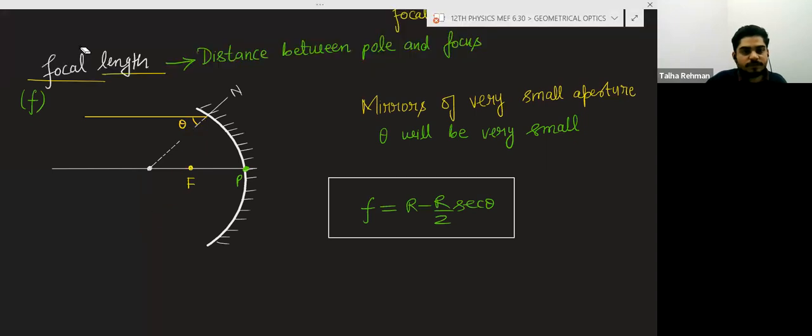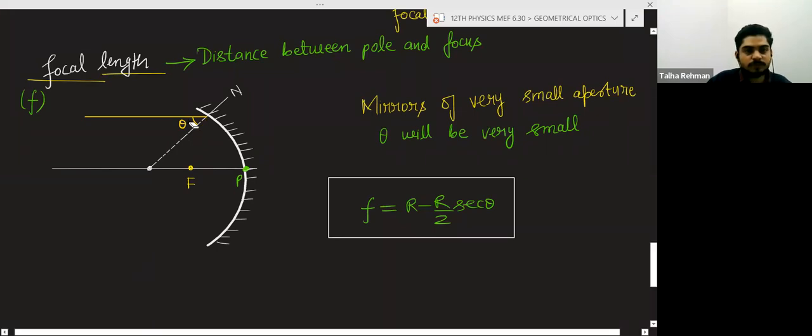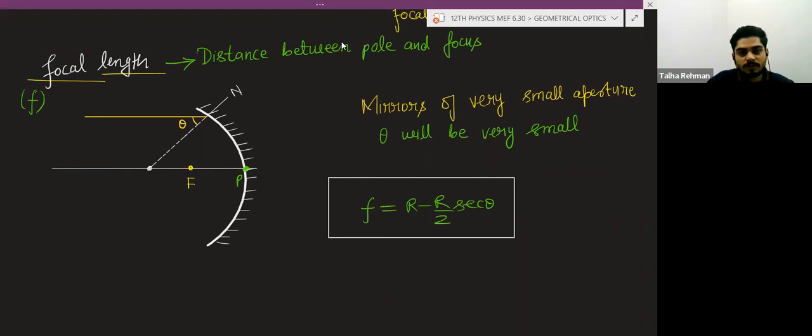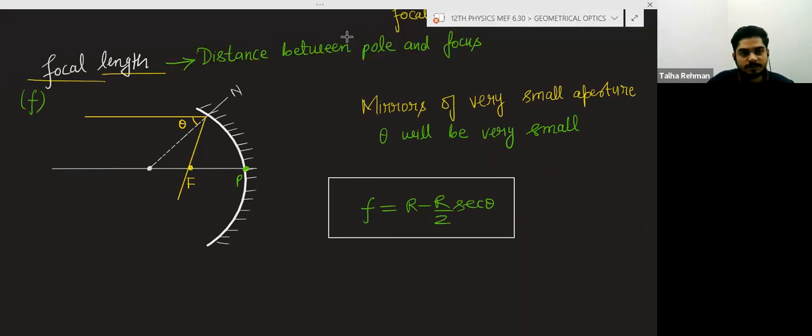So it will pass through the focus. Basically this is the formula for the focal length.